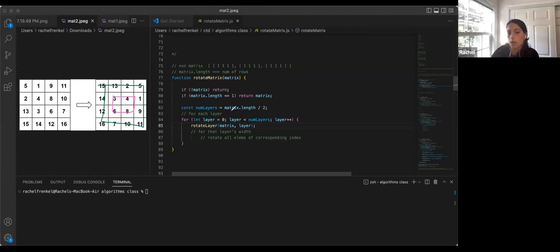So this is our outermost function. It's saying, pretend we have a function that says rotate layer, and you can do this in an interview: for each layer, rotate layer. Now I'm going to create the rotate layer function, and it just needs the matrix and the layer number.